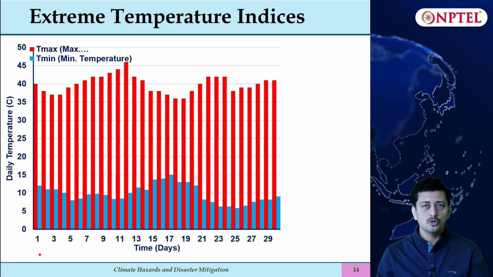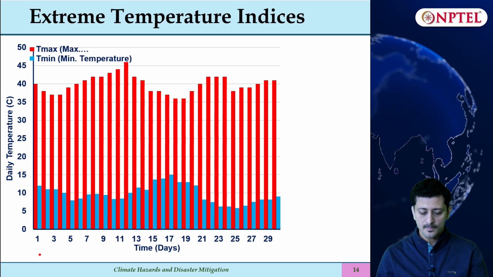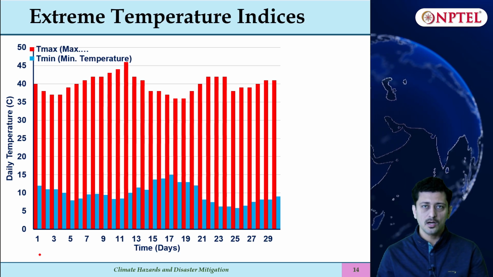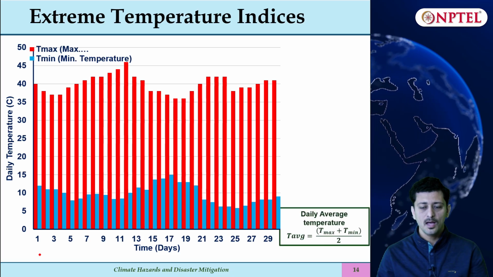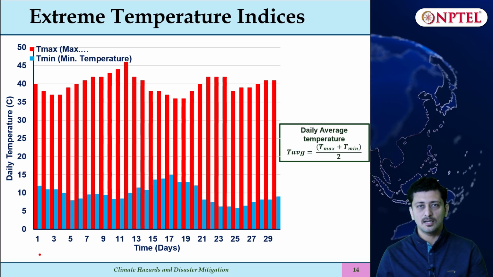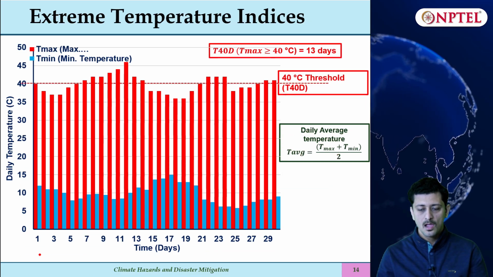So the red one shows the maximum temperature data, and the blue one shows the minimum temperature data. So if I want to calculate the average temperature at a particular day or particular time step, I will just average out Tmax and Tmin, and that will give me the average temperature. So here we are talking about daily temperature, which is daily average temperature.